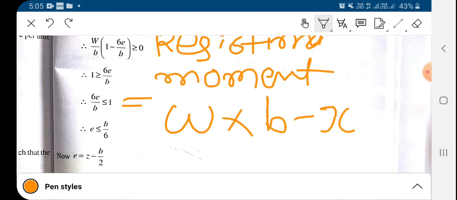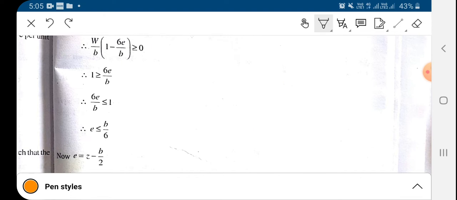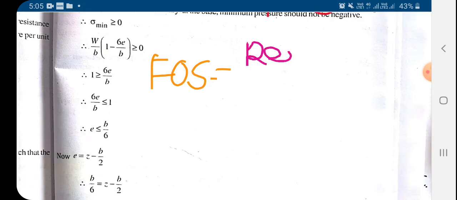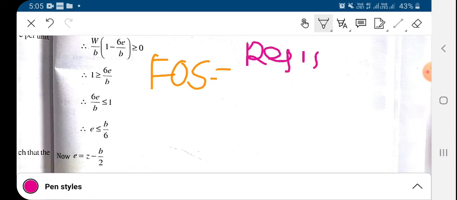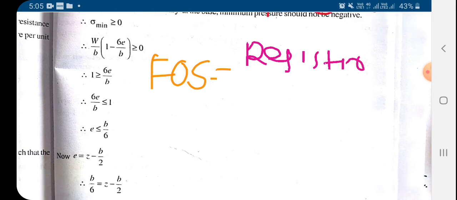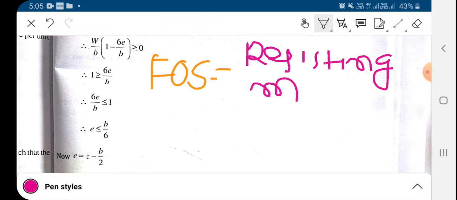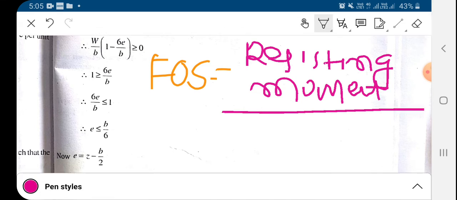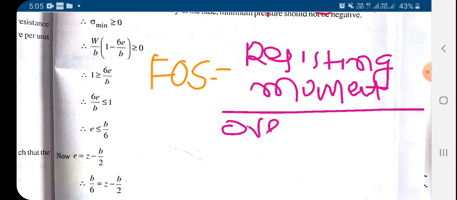Okay, so now let's find the factor of safety. Factor of safety will be equal to the resisting moment divided by the disturbing moment, or we can say the overturning moment.